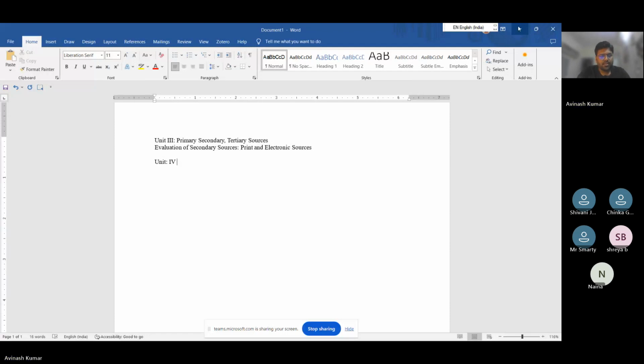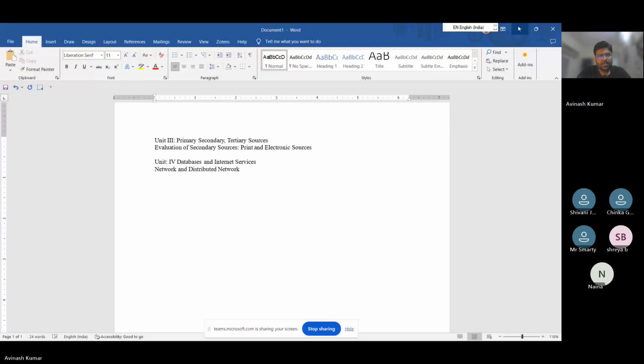Unit 4 is databases and internet services. What are the topics? Network, network and distributed network.